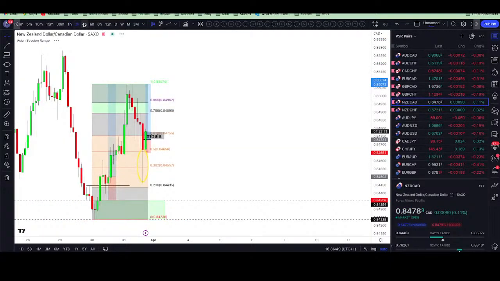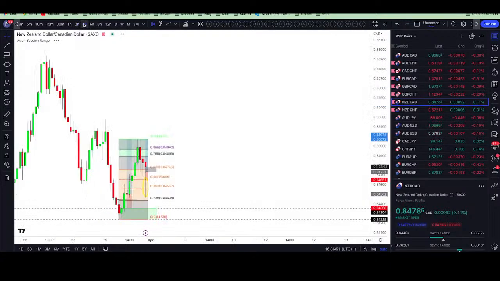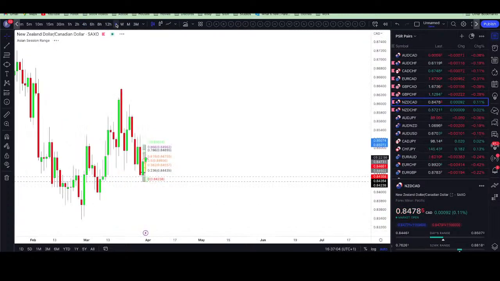Let's go to a 4-hour. It's a ridiculously wicked candle on the 4-hour chart as well. Let's go to the daily and see how bad. Wait, on the daily you won't be able to see it. And the daily is still a bit of a wick as well, but yeah, it's a big wick.